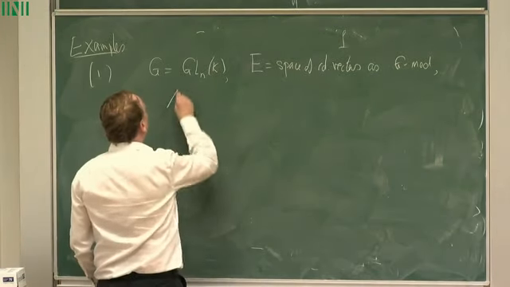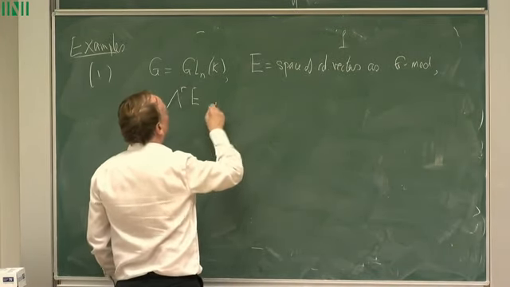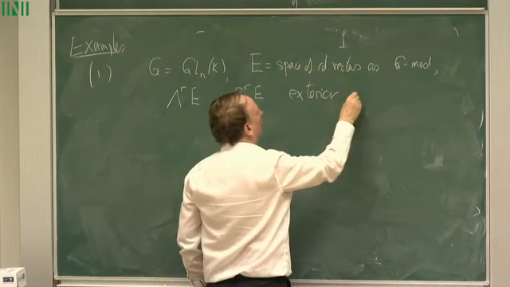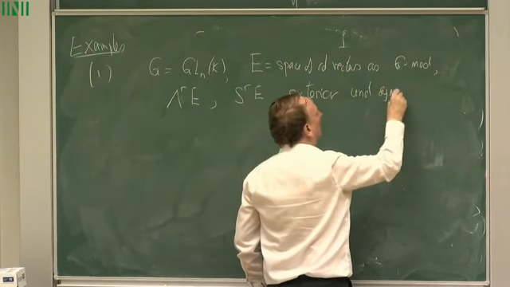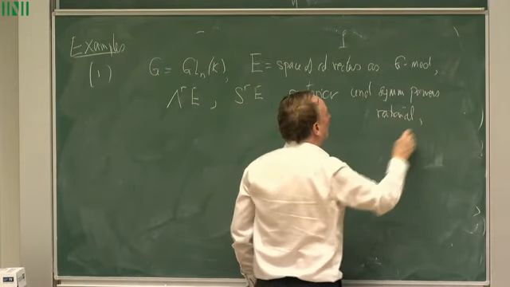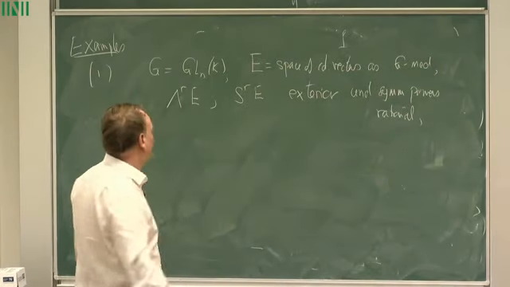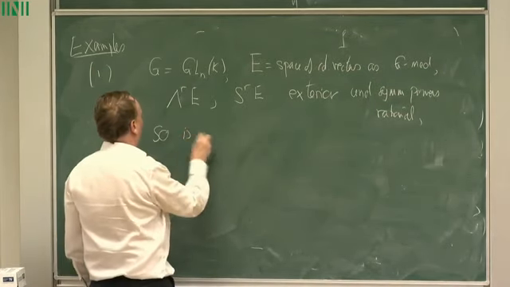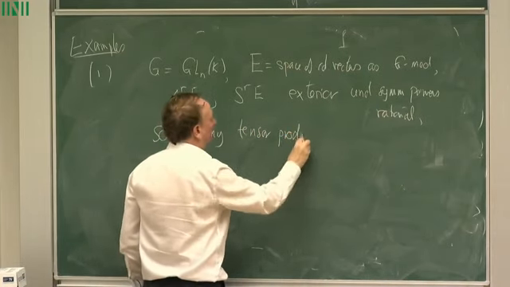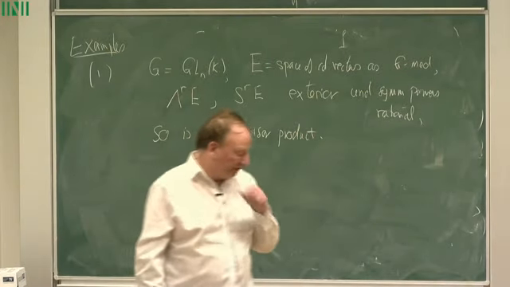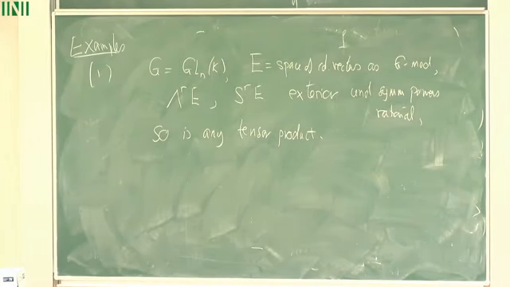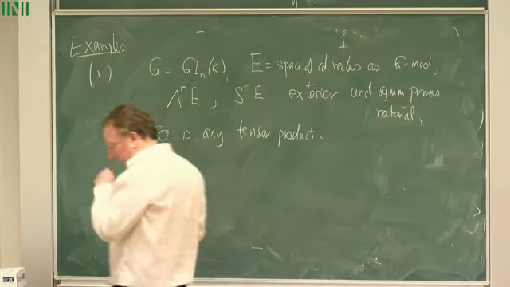For example, the exterior and the symmetric powers are rational. So is any tensor product of these. And rational modules are closed under taking submodules and quotient modules and tensor products and duals. So it's a very nice category.